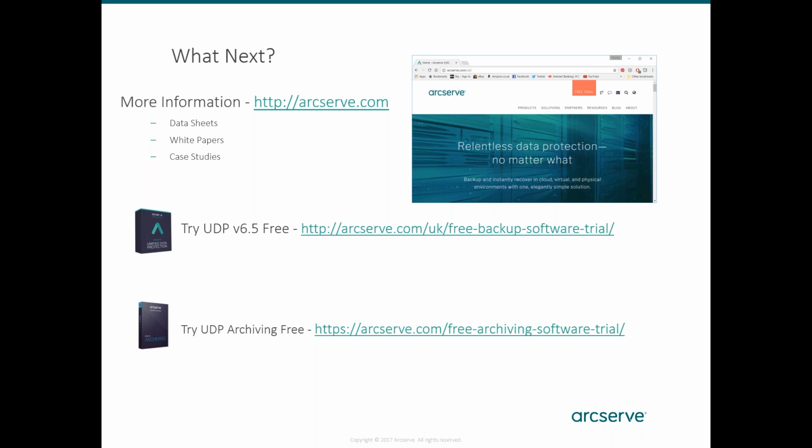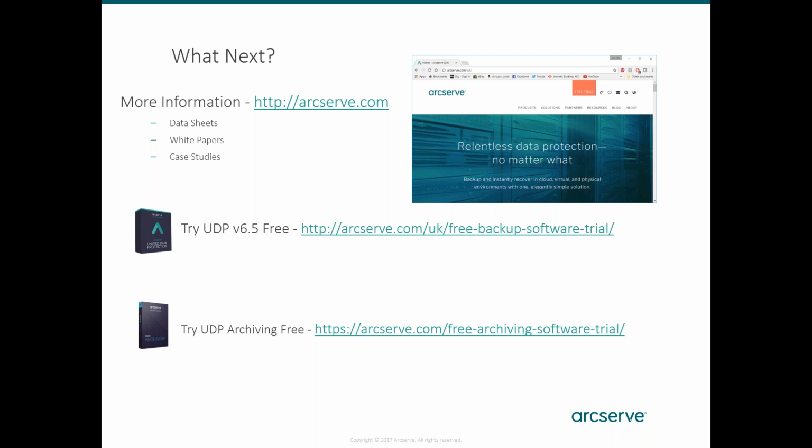So let me get the questions out. Let me just undock that one. It's a question in Dutch, so I have to translate that. Norbert, sorry. If you have any questions, please use the question box below, and I'll have time to answer them right now. So the question is, can we test without the license that we have? Yes, you can test the Office 365 backup if you need to.